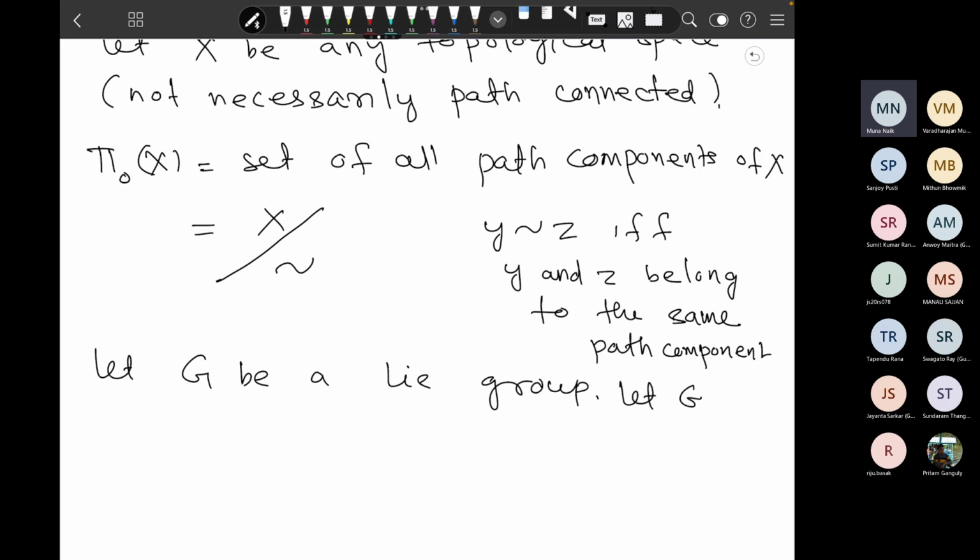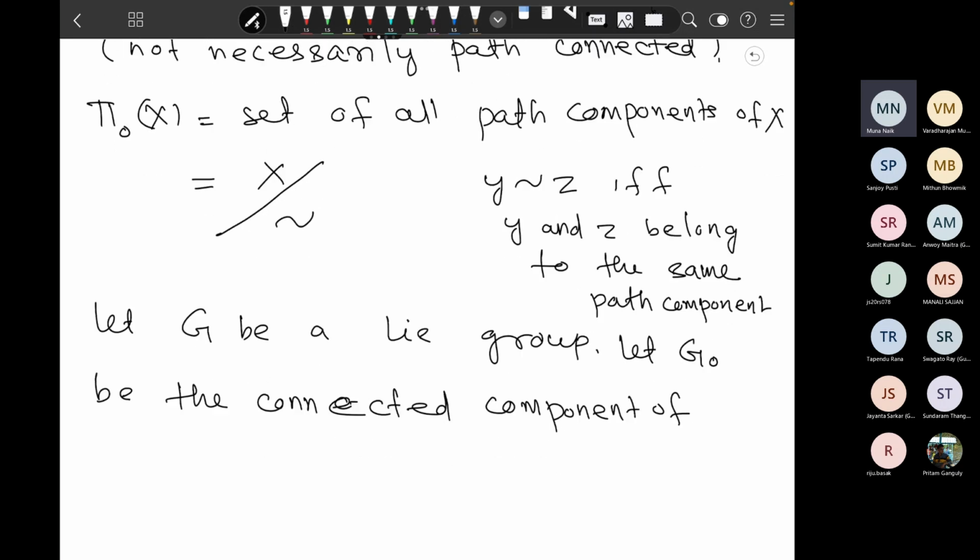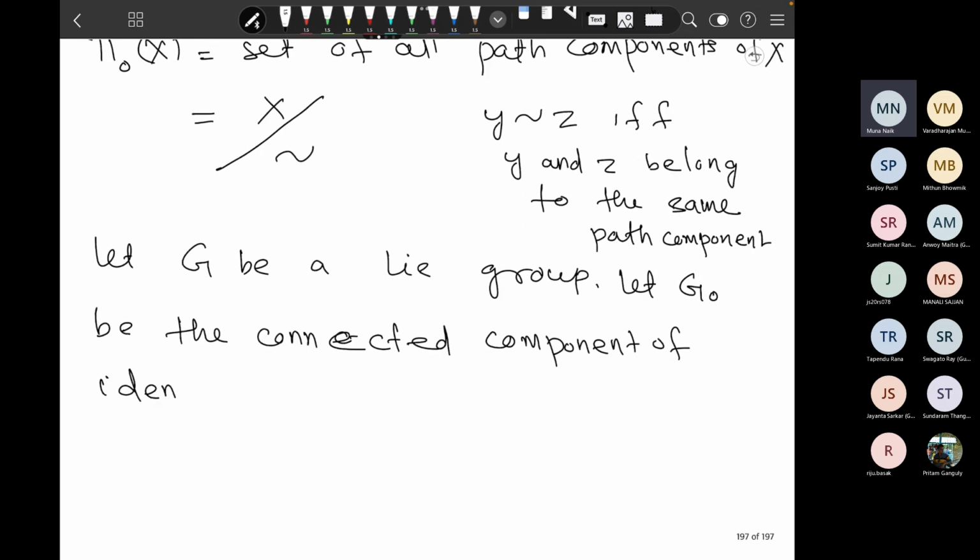And in this setup, let G naught be the connected component of identity in G.